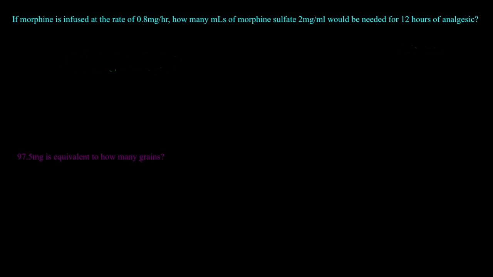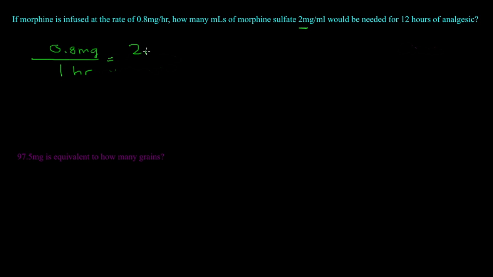If morphine is infused at a rate of 0.8 milligram per hour, how many milliliters of morphine sulfate 2 milligram per mL would be needed for 12 hours of analgesia? So the first thing that we're going to need is to know how long 2 milligrams will last for. So the way that we're going to do that is we know that 0.8 milligrams will last for 1 hour.